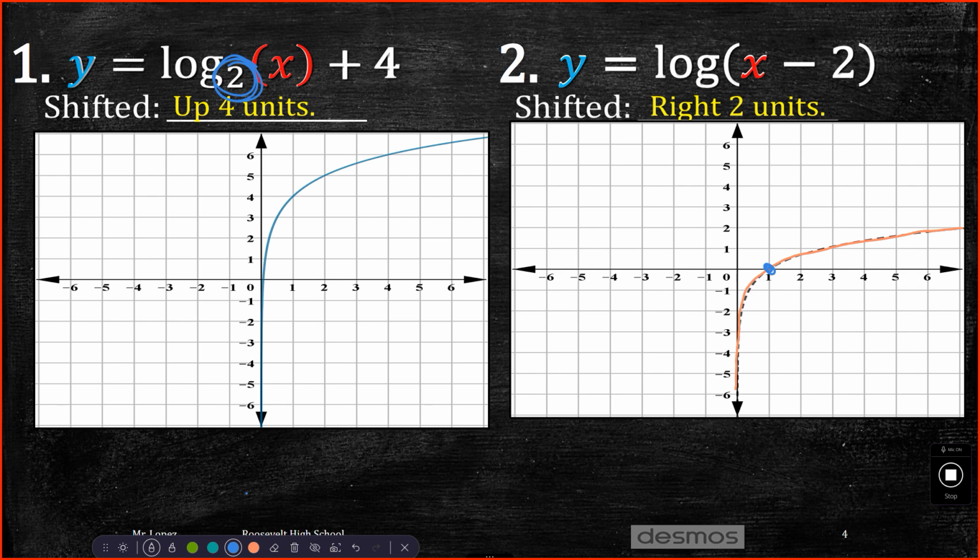This point is going to move to the right 2. The bigger the base, the faster it goes to the right. So this is going to go to the right even faster, something like that.